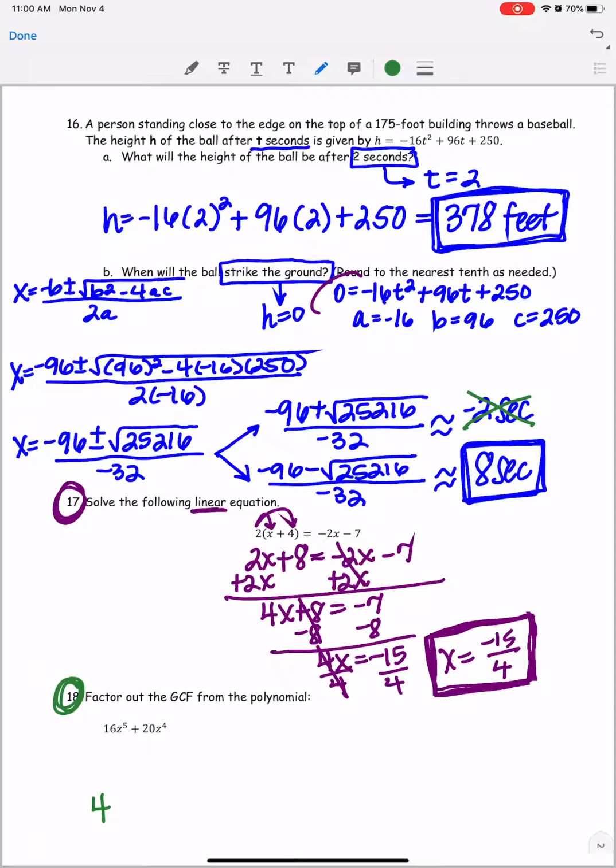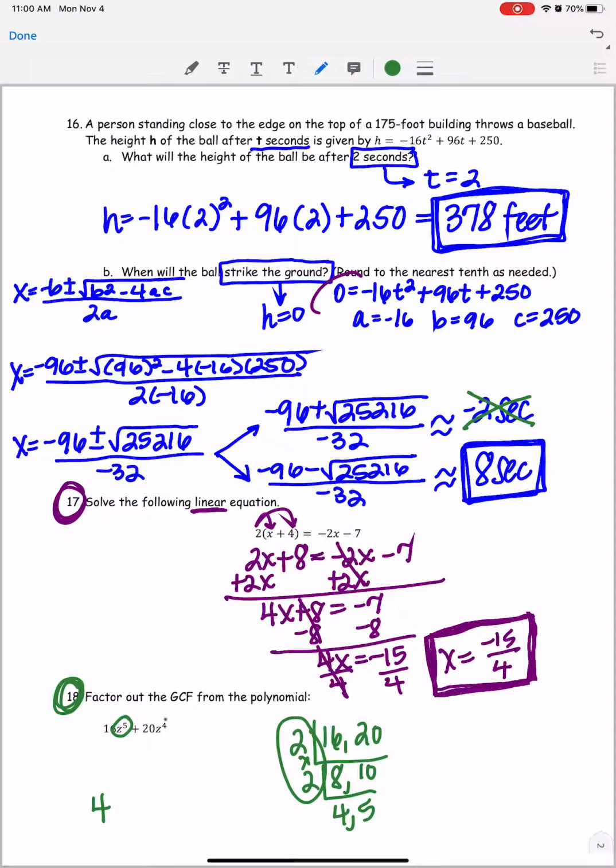If you don't see that right off the bat, you can do that little upside down birthday cake. I know I can divide in a 2. So 16 divided by 2 is 8. 20 divided by 2 is 10. I can still divide in a 2. 8 divided by 2 is 4. 10 divided by 2 is 5. Those are now prime. So take these and multiply them back together to get to this 4 here.